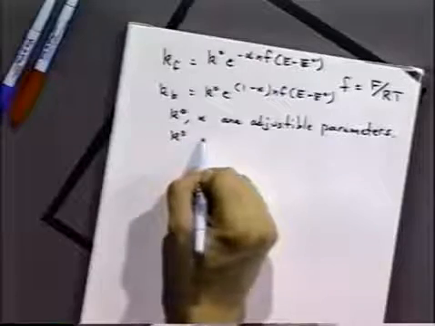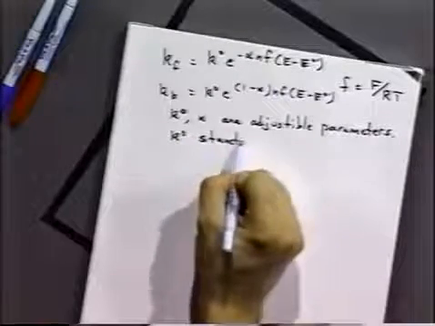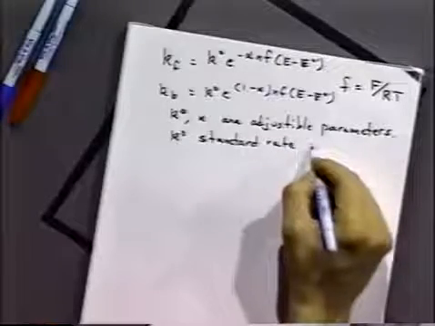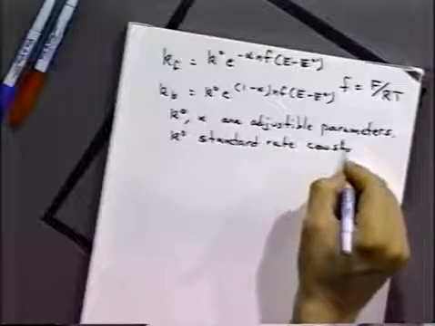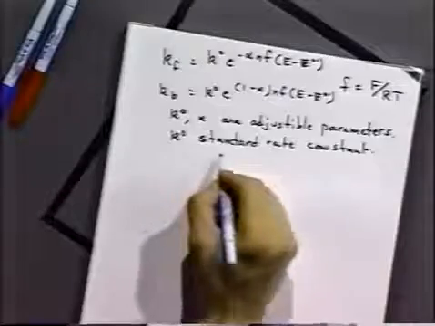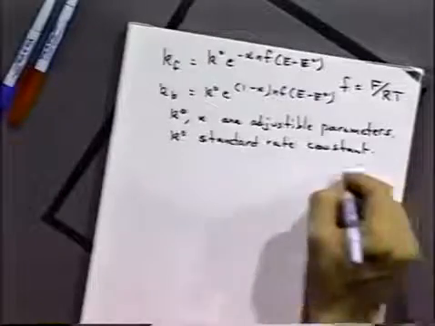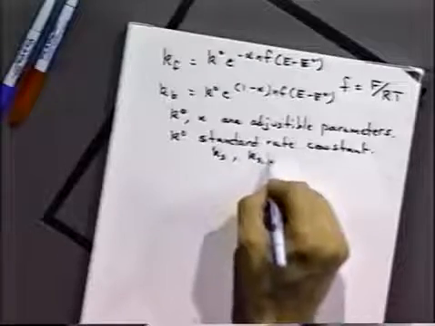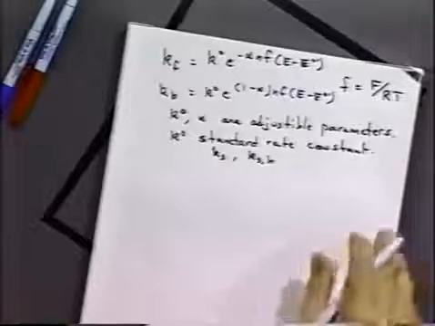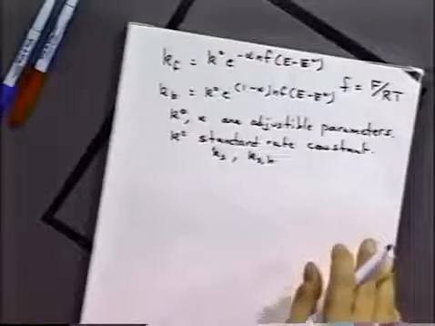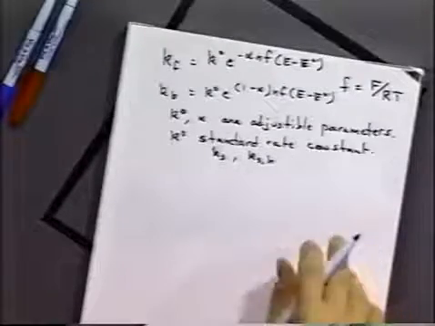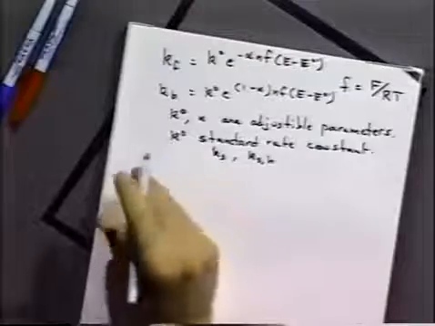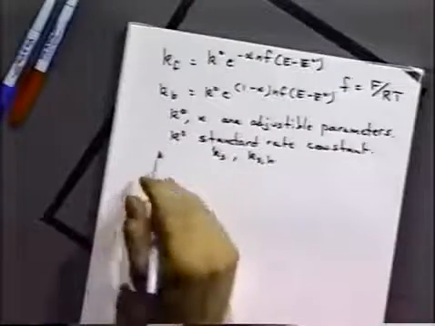K0 is called a standard rate constant. Sometimes you'll see it alternately written as K sub S or even K sub SH. Both of those are usually in older literature, although some experimenters still use K sub S. But usually you'll see K0.